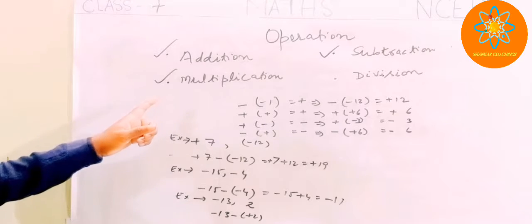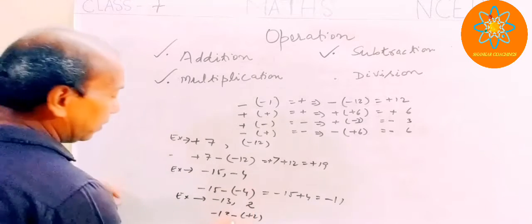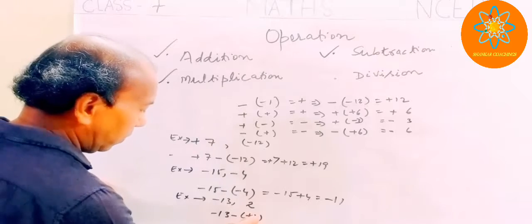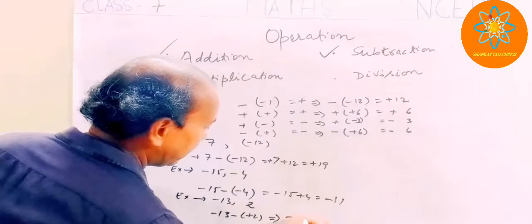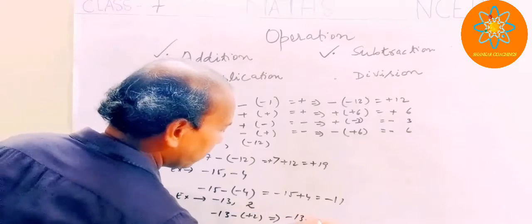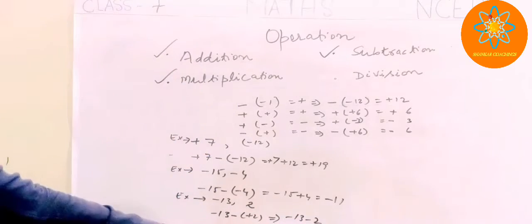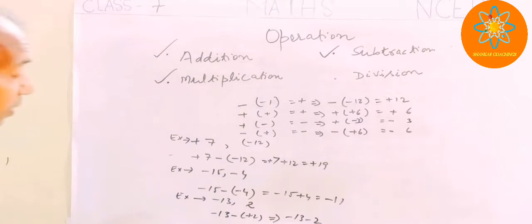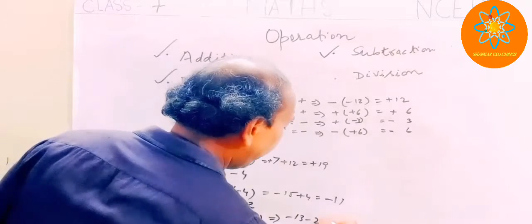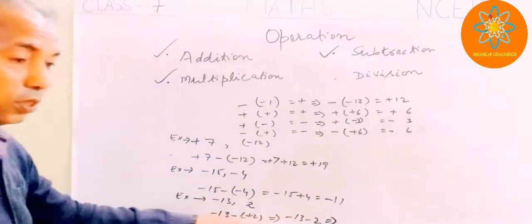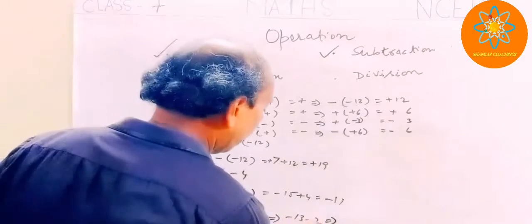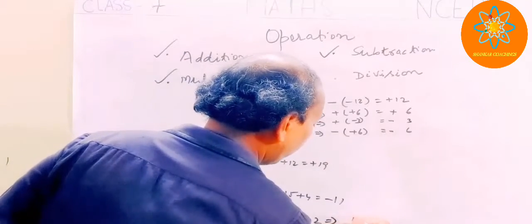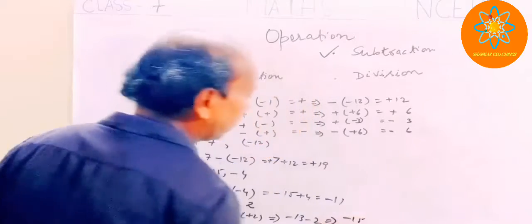So how do I apply the concept of multiplication? This negative and positive will be how much? This will be minus 13, and minus and plus is minus 2. So here is the concept of multiplication. Now the concept of addition: if both are of the same sign, then we add them, that is 13 and 2, that is 15. Both are negative, so this is minus 15.